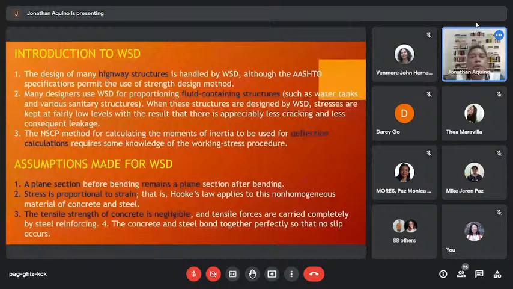Meaning whatever is the cross section of the member, for example, rectangular, after bending, it is still considered as rectangular. Otherwise, the formula that was derived using the flexural formula is not anymore applicable.